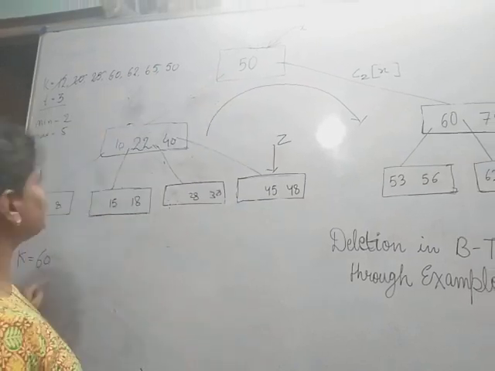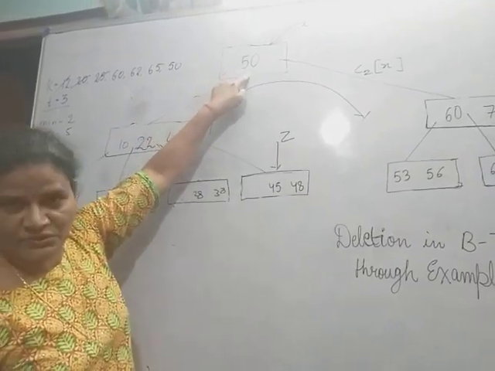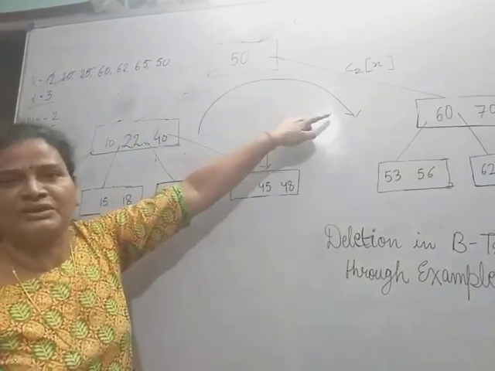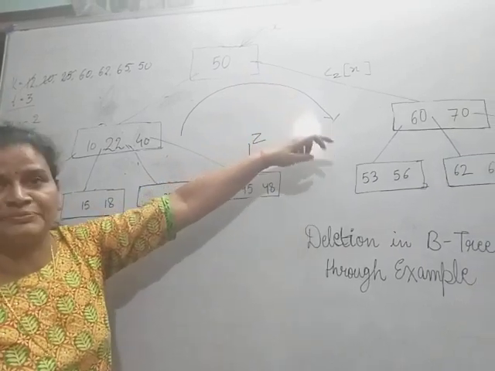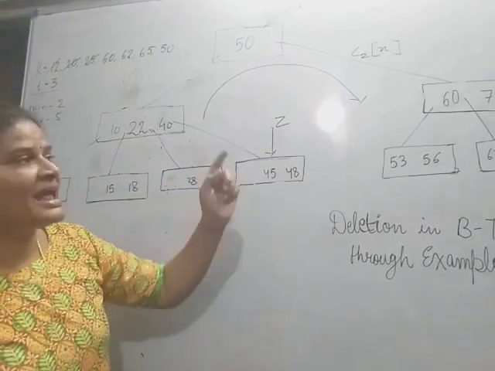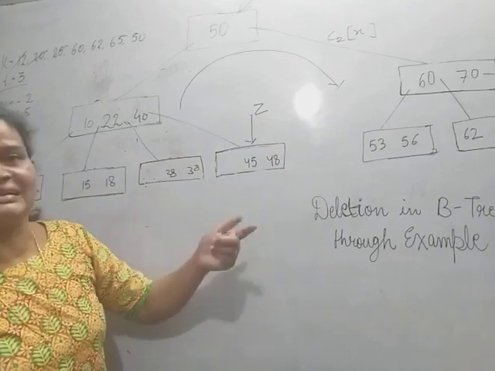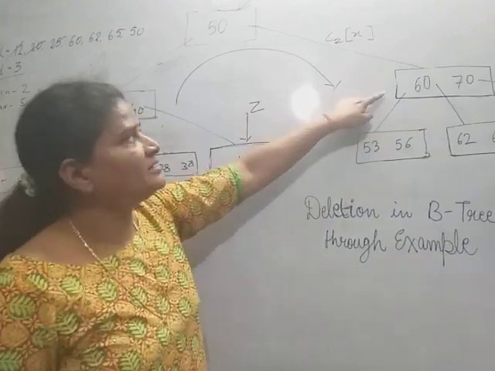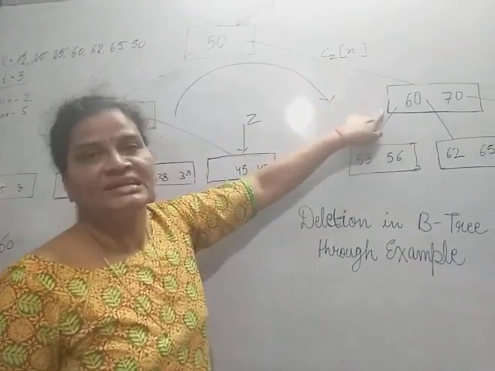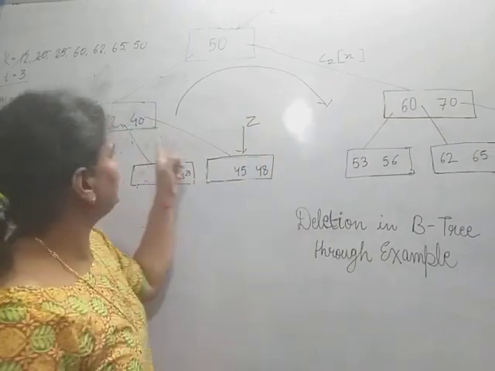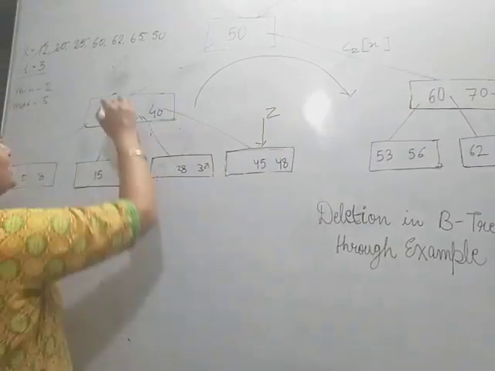As 60 is not present in the internal node, we find the root of the appropriate subtree in which 60 may be present. Before recursively deleting, we have to make one more key in this node. So I will find its immediate sibling, that is y.